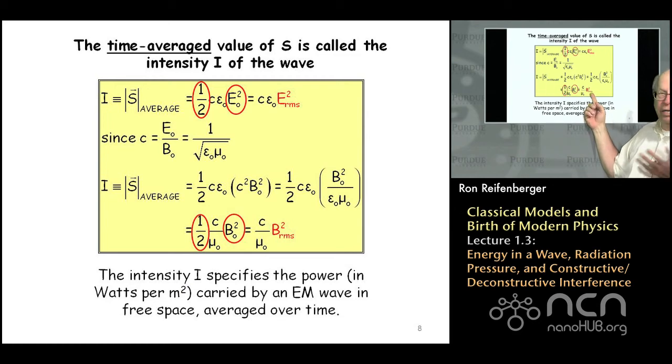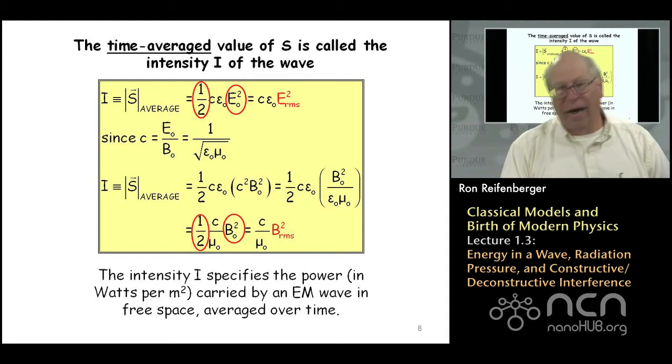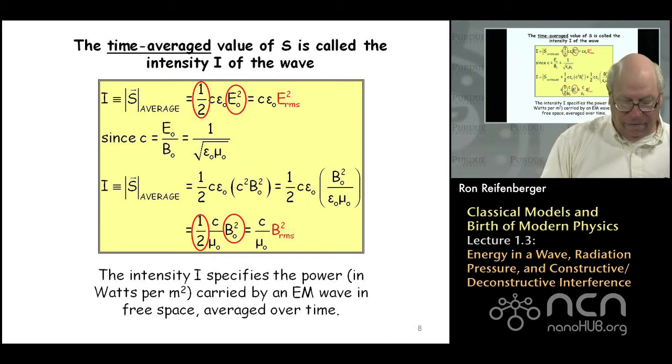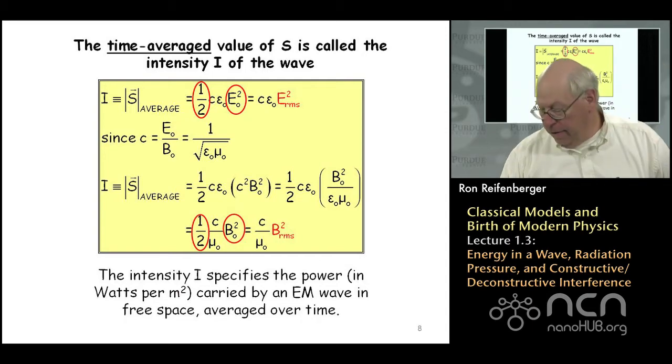So depending again on which textbook you read, you'll see different expressions for the time averaged intensity of an electromagnetic wave represented by this quantity I.